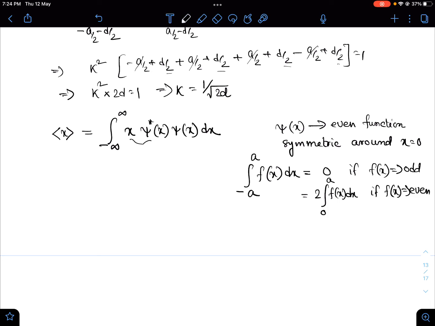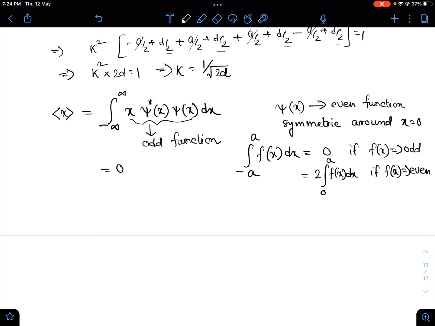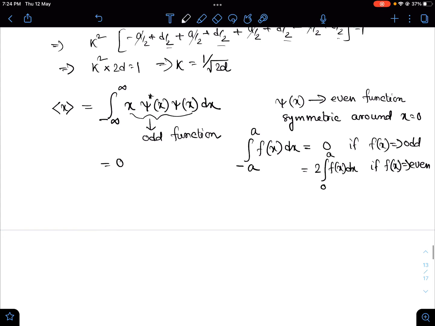Here the whole integrand is an odd function, so it will be 0. You don't need to evaluate this integration. If you do the calculation, you will get 0, but these small tricks will save your time in an entrance examination.